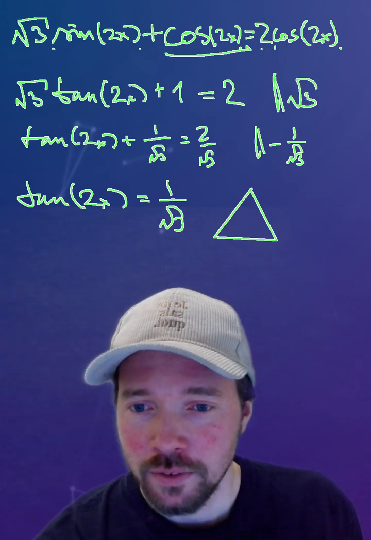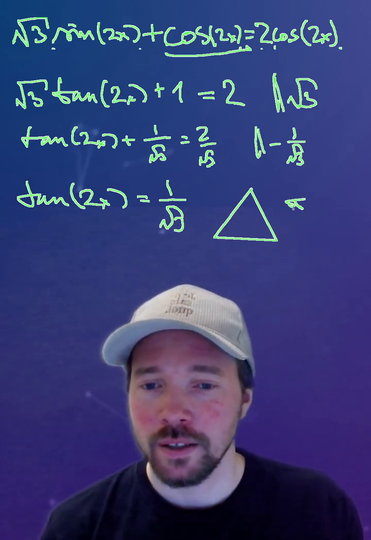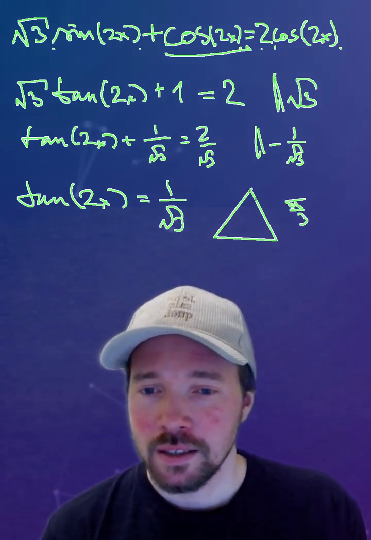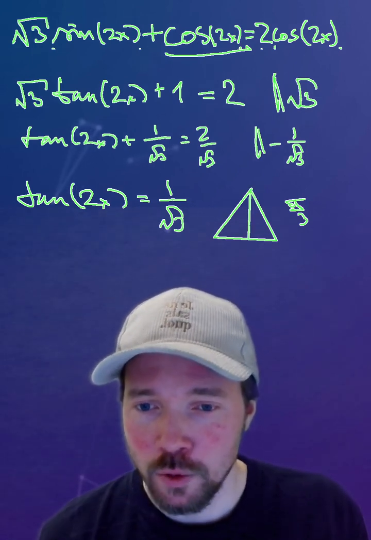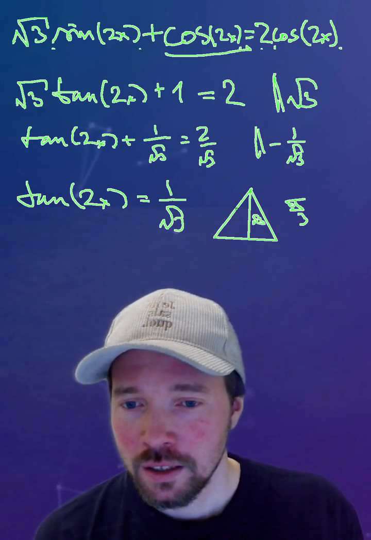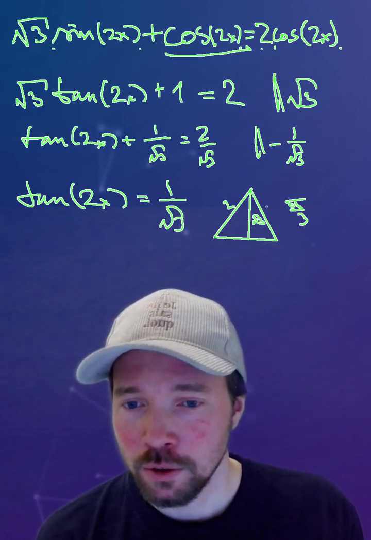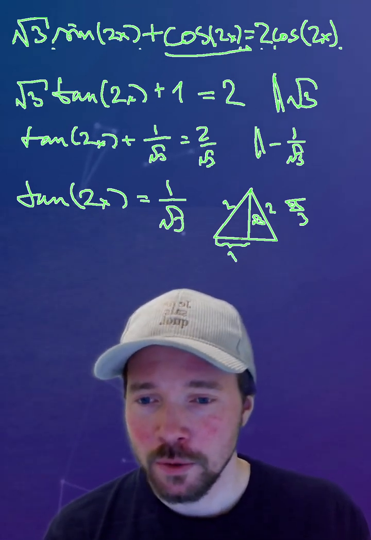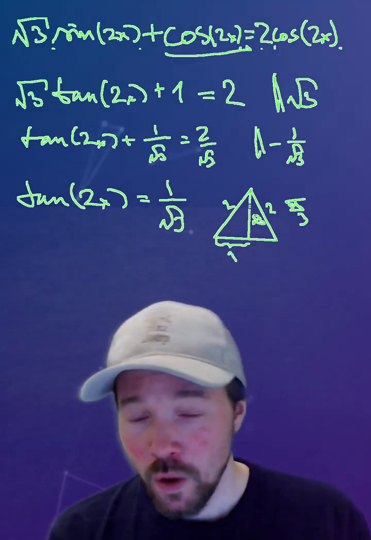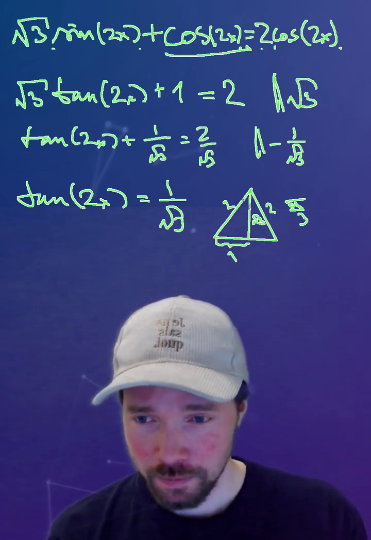Here all the angles are pi divided by 3. This height here is square root of 3 when these sides are all 2, and this half of the side is 1. So from here we see the tangent of 1 divided by square root of 3 is of this angle.